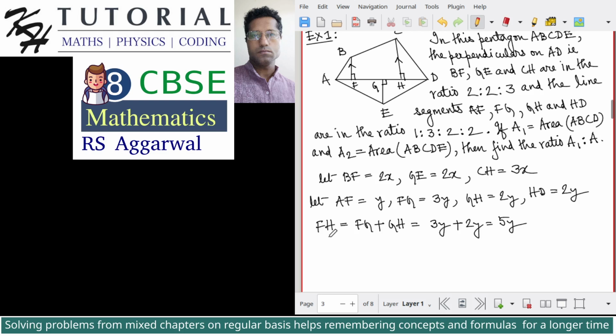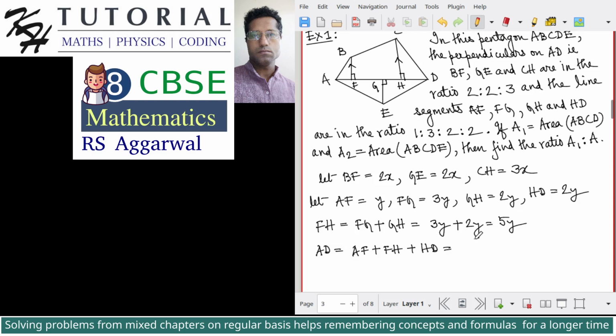So, what will be the length of the entire diagonal AD? AD is equal to AF plus FH plus HD.